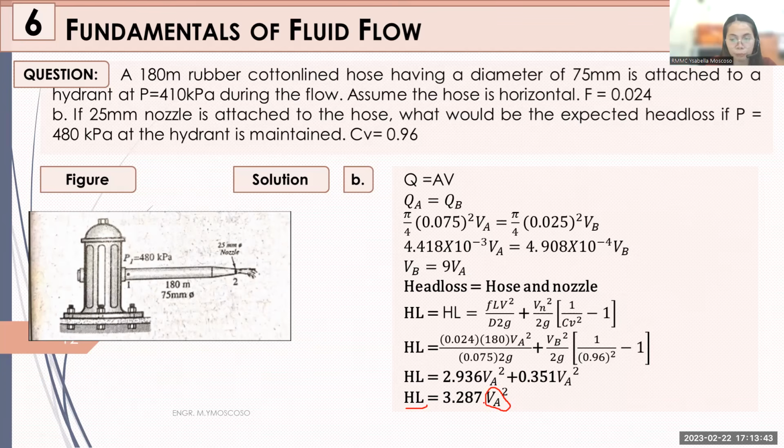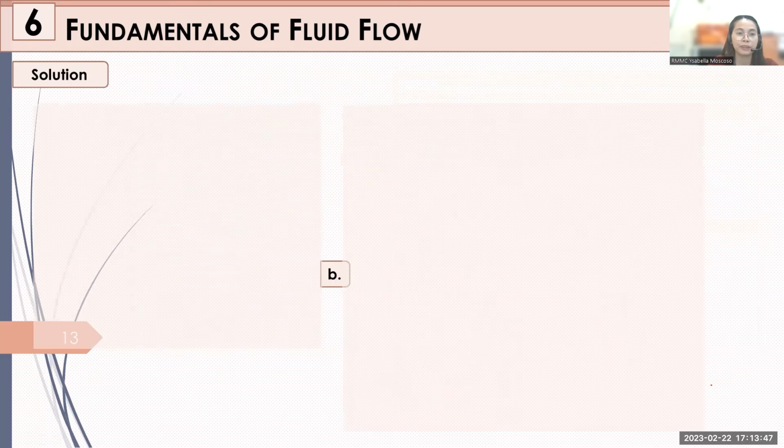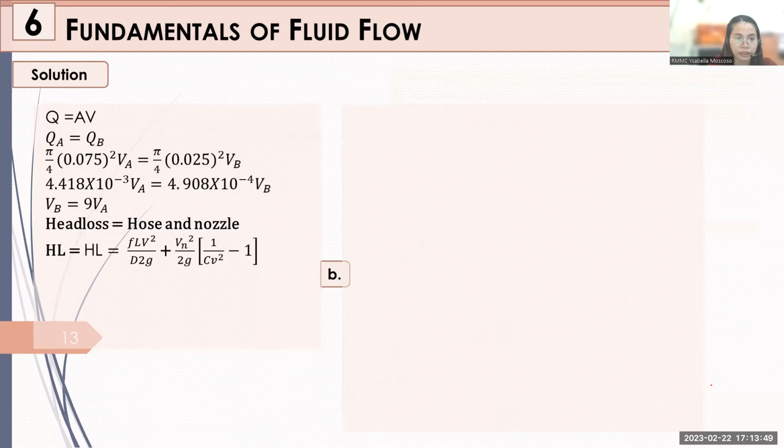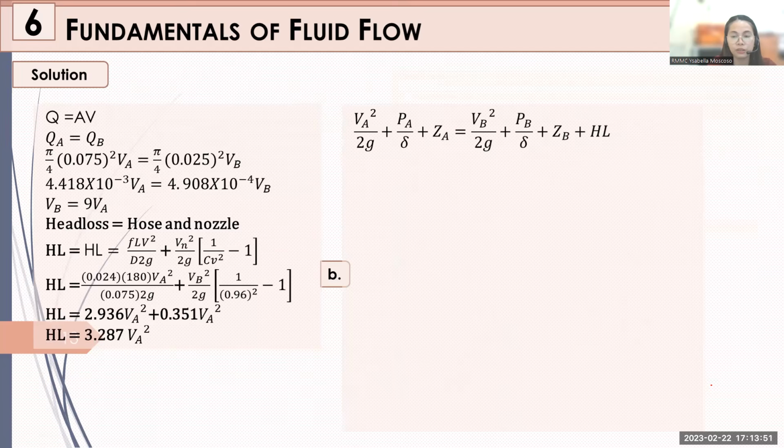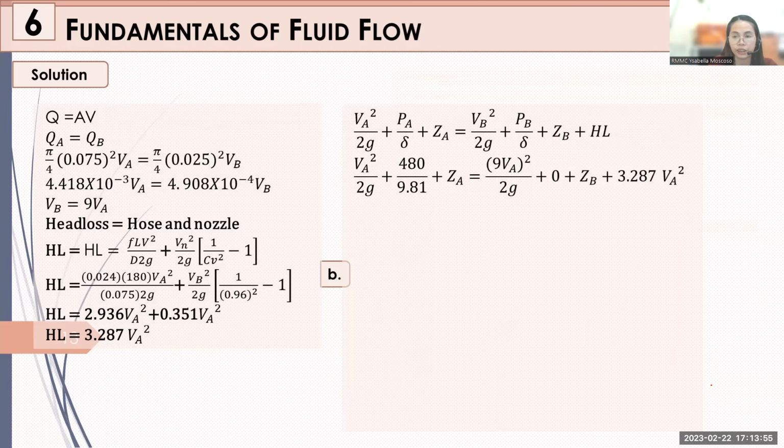Now, this is a very long process, no? But this is very easy kasi process nga lang siya. Okay, so ito na yung na-solve natin a while ago. So using your equilibrium equation, your Bernoulli equation, this is your energy at point 1, energy at point 2, plus the value of your head loss. Alam natin, this is equal.